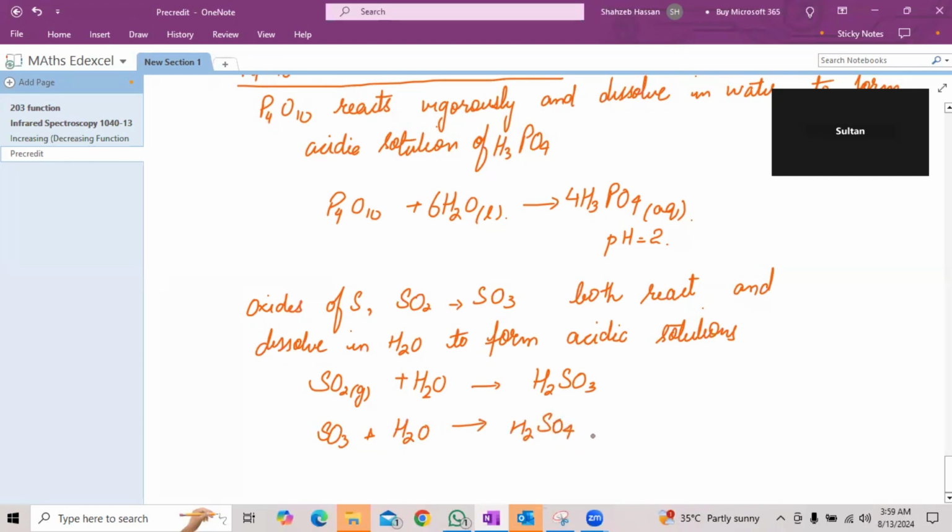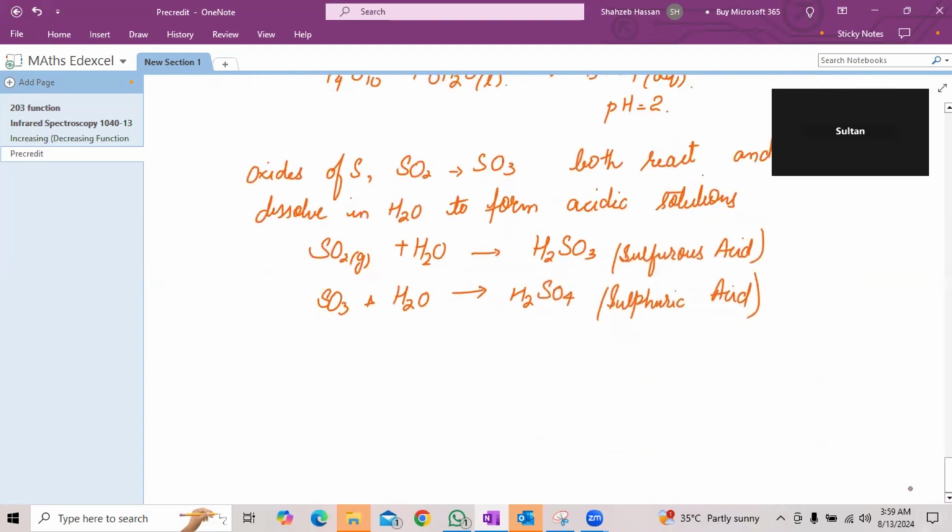So this is sulfurous acid, and this is sulfuric acid. Is that clear? Okay, this is all about our today's lecture.